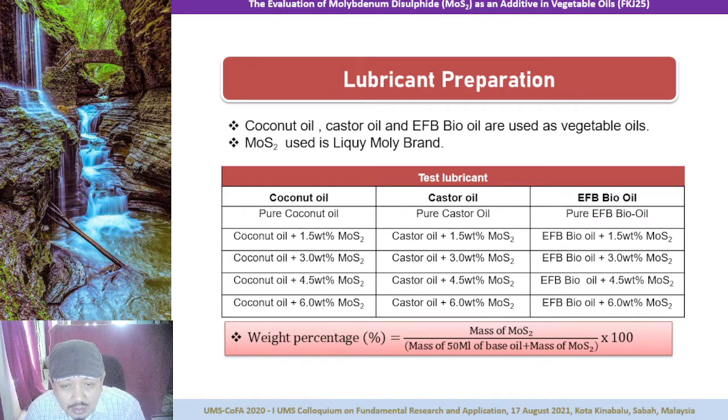Each has the same percentages of molybdenum disulphide: 1.5, 3.0, 4.5, and 6.0. To calculate the weight percentage, it is the mass of molybdenum disulphide divided by the mass of 50 ml of base oil plus the mass of molybdenum disulphide, times 100.